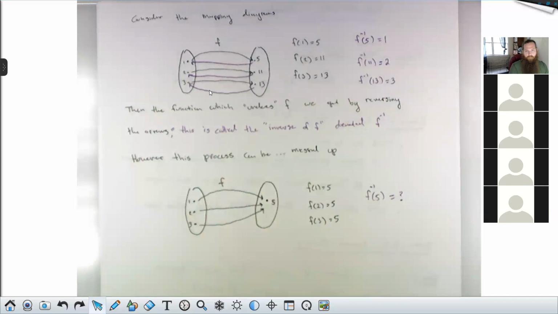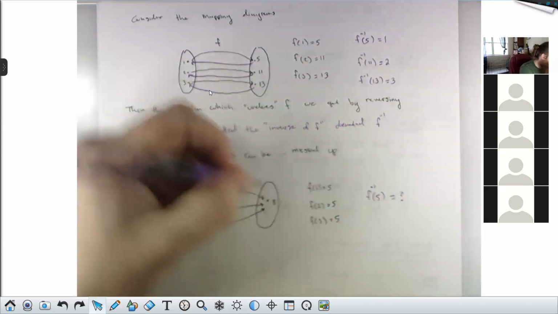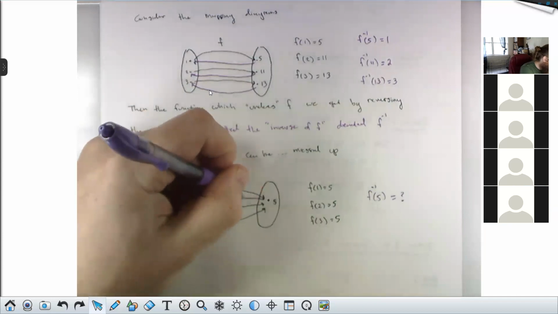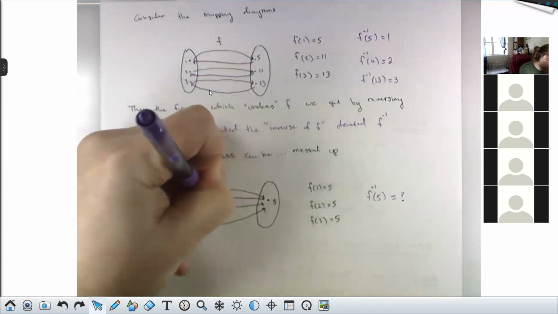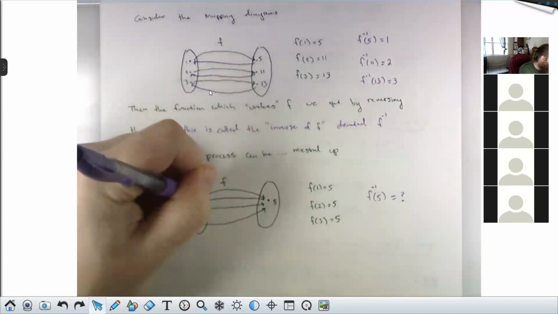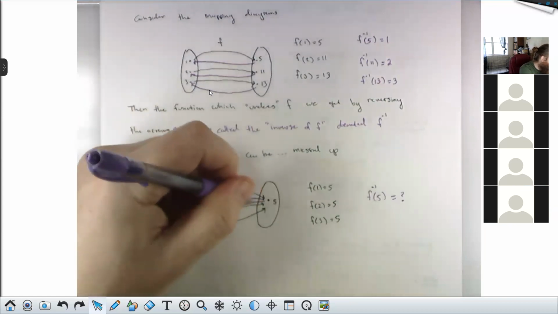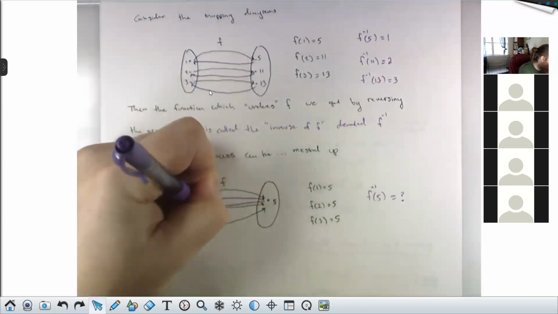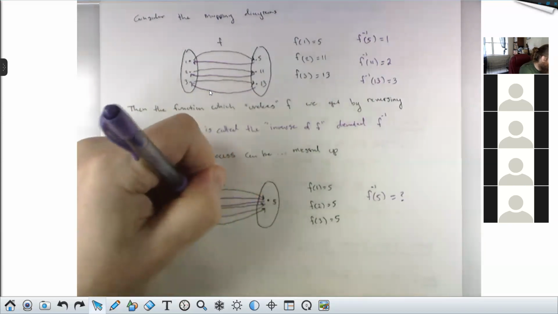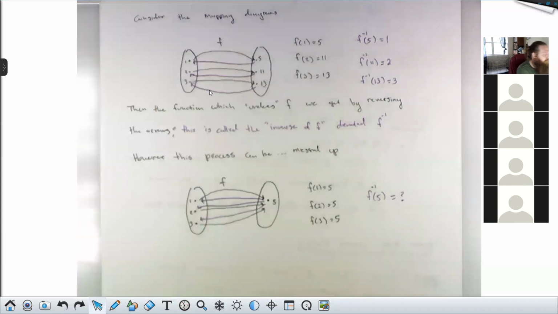Would it just be all 3? Reasonable thing to think, right? Because we're saying that this inverse is what you get just by turning the arrows around, and that's correct. The inverse relation sends 5 back to 1, sends 5 back to 2, and also must send 5 back to 3.